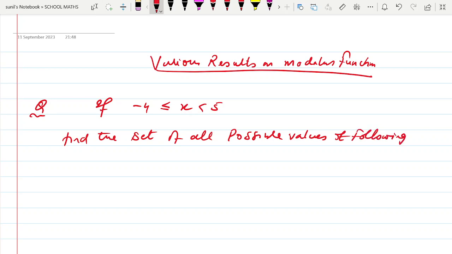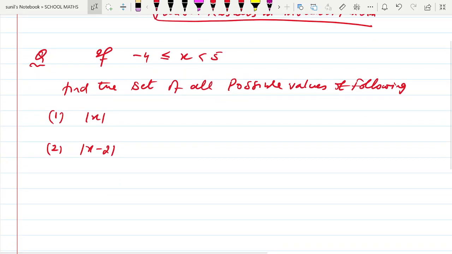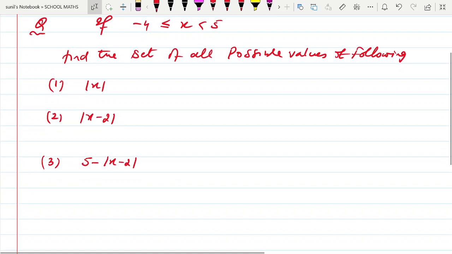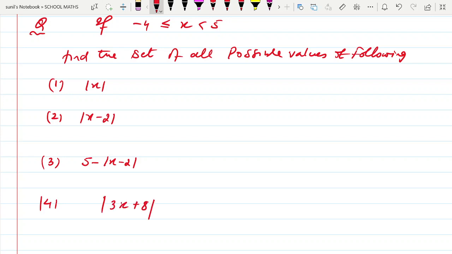Number 1, mod x. Number 2, mod x minus 2. Number 3, 5 minus mod x minus 2. And the fourth one is modulus 3x plus 8.